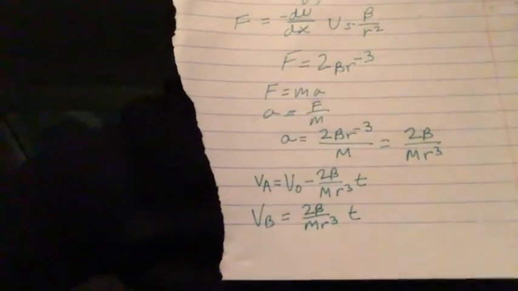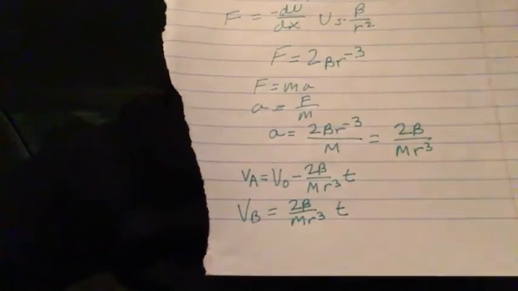And then the same for particle B is just equal to 2 beta over m r cubed times t. And this is because it started at a velocity of 0 because it was at rest, so we don't need a constant there. So we have these equations now.